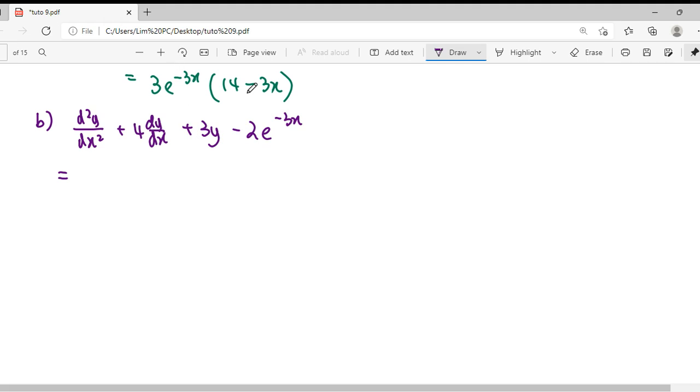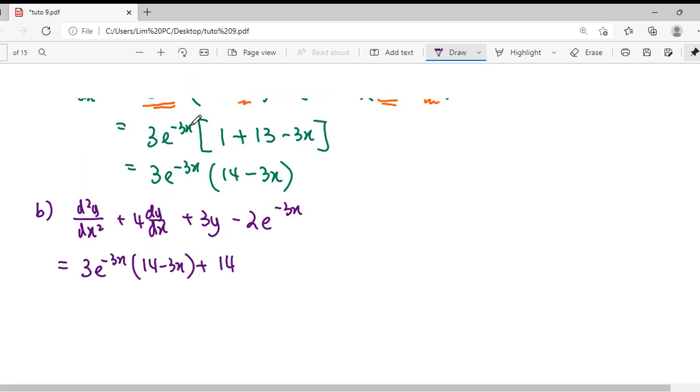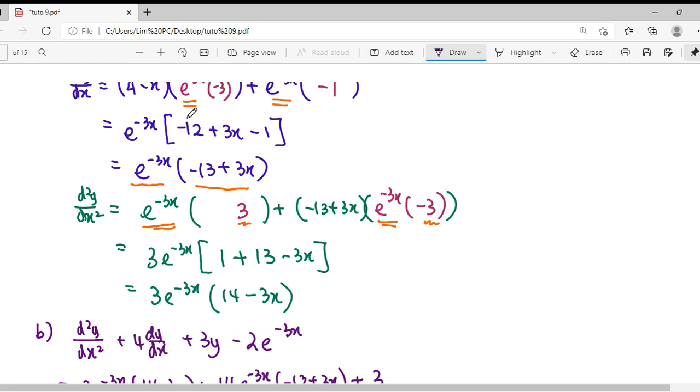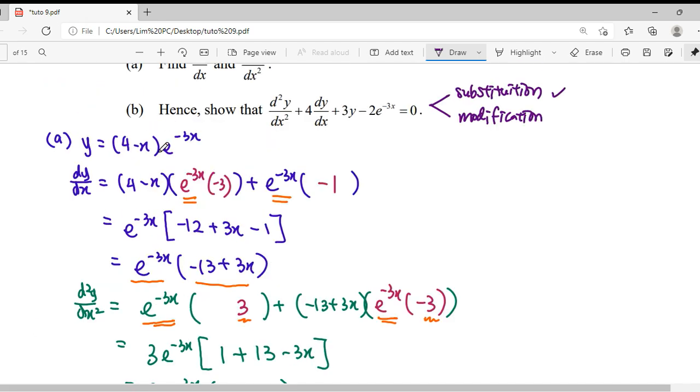Then we plug in our results. So this is our result of the second derivative. Then the first derivative will be this. And then the y equation will be our original equation y, this.